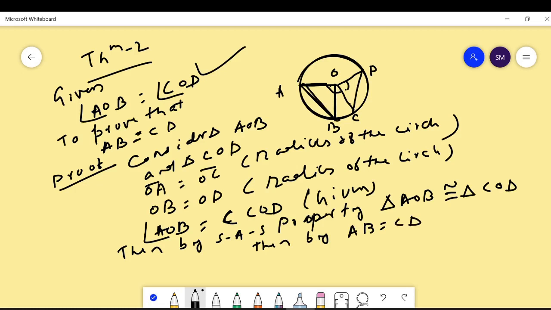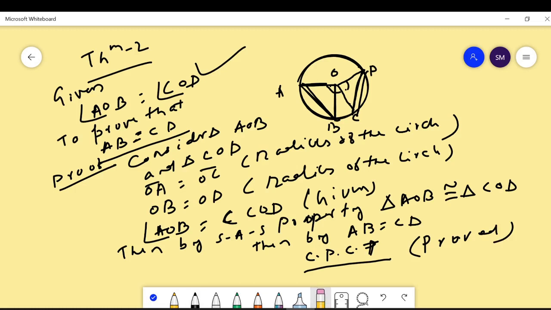AB is equal to CD by CPCT, corresponding parts of congruent triangles. Hence proved. The vice versa is also proved.